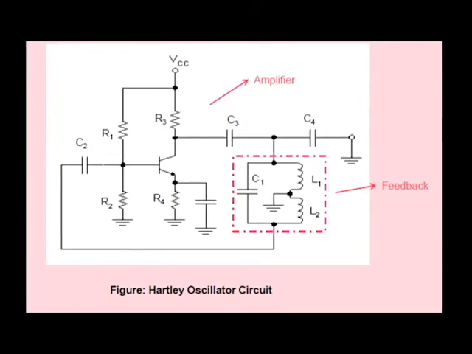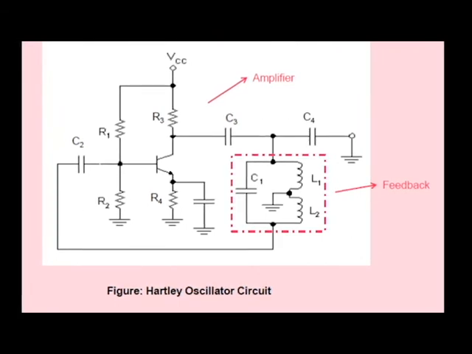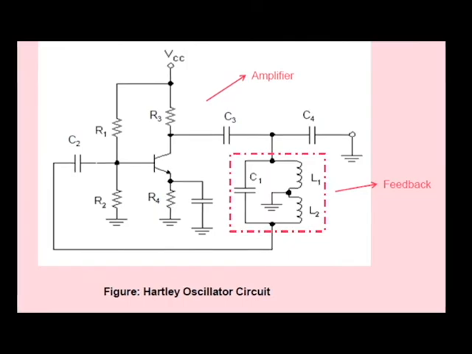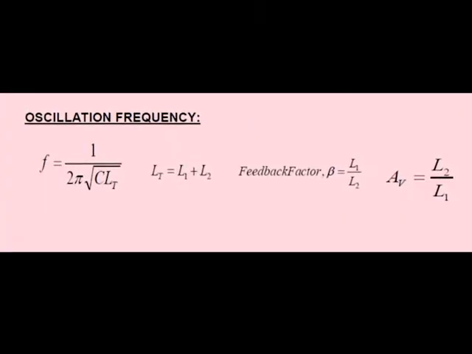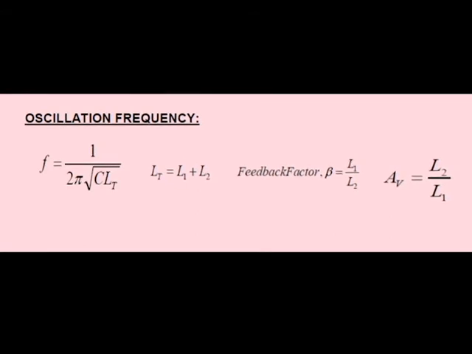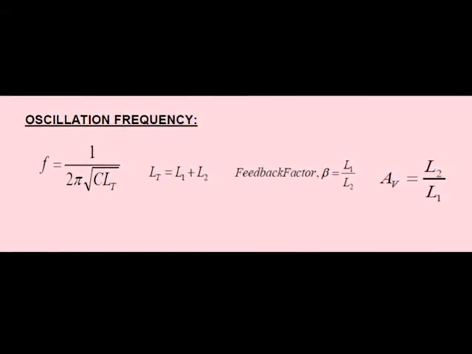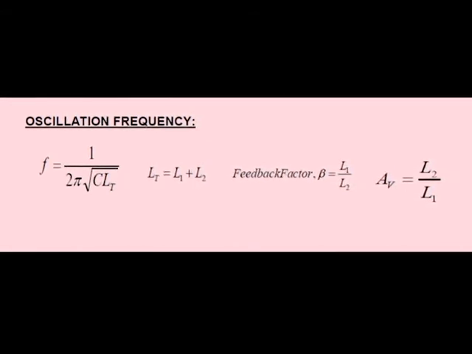So in feedback, we have 2 inductors and 1 capacitor, different from the Colpitts circuit. And the formula is F equals 1 over 2 pi square root C L total. So we have an L total formula, feedback factor formula, and voltage gain formula.